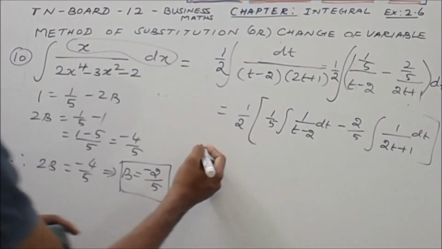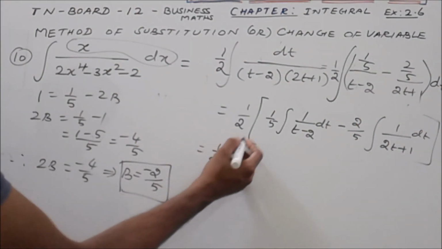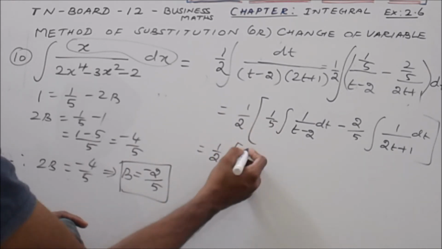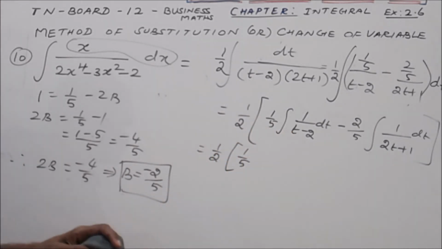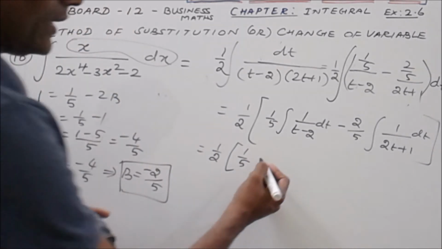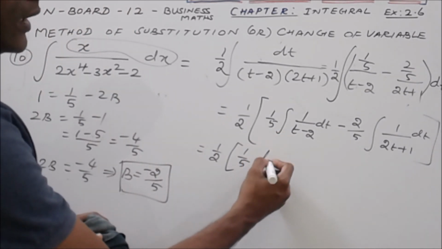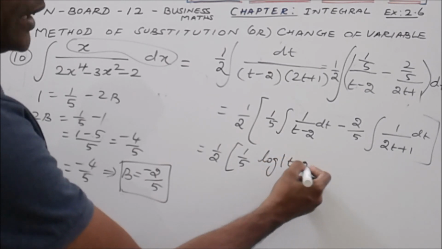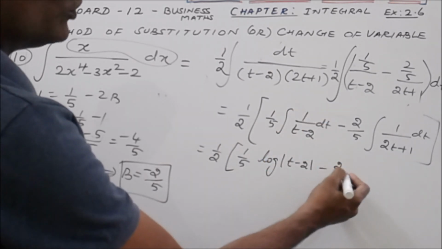Now integrating, we will have 1 by 2 into 1 by 5. This is the integral of 1 by ax plus b formula. Using that formula, we have log of modulus of t minus 2 and then minus 2 by 5.